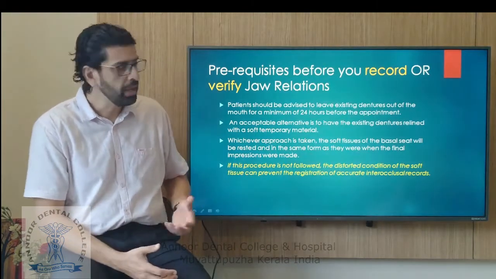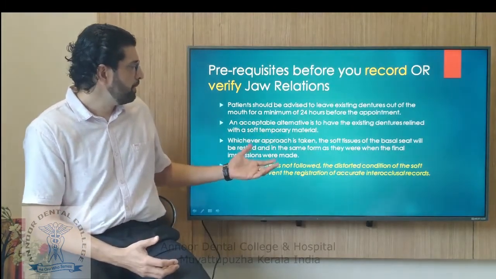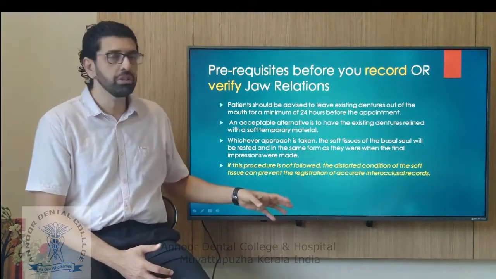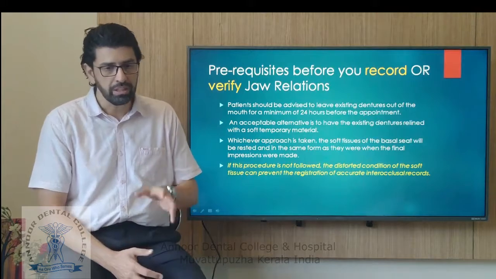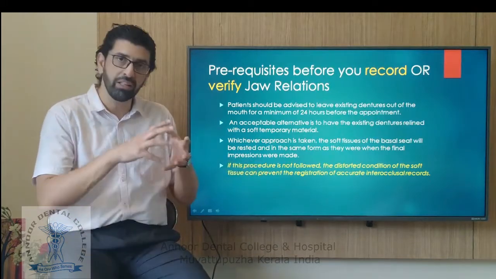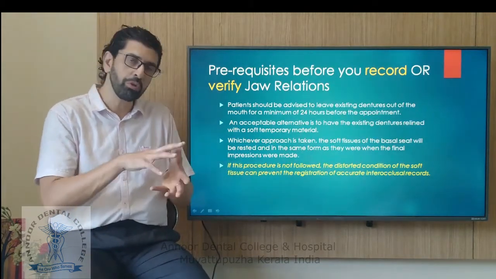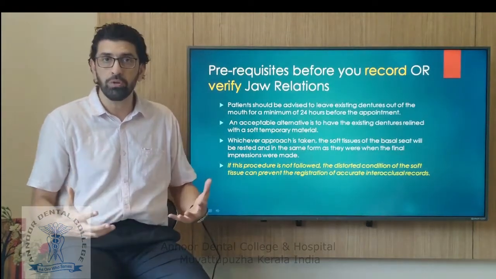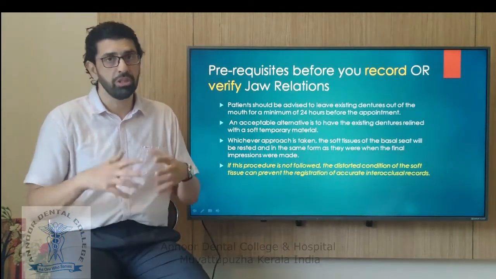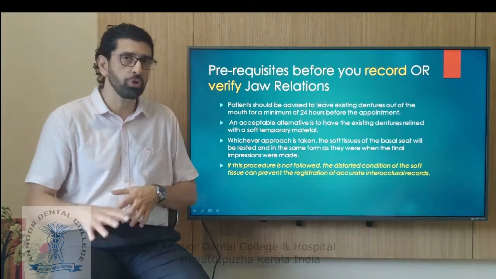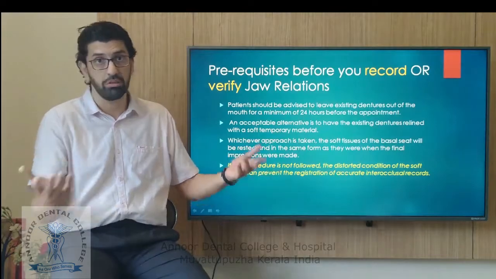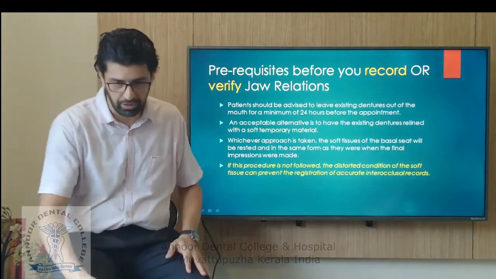Give it adequate time, and when you're making impressions and jaw relations, it is going to be really, really helpful. Okay, if this procedure is not followed, chances are that you will have the tissues in a distorted condition, which means that your base plate or the record base that you're making the trial denture on is going to be distorted as well, and that's going to cause all sorts of problems during the try-in appointment and even during jaw relation if you didn't follow this at the impression stage.